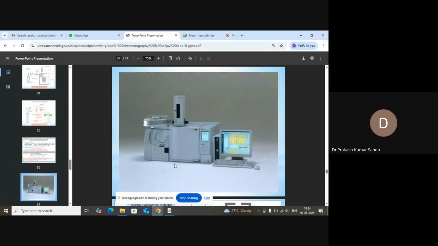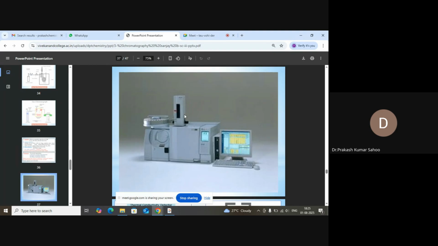So this is a very sophisticated gas chromatography instrument in which your carrier gas cylinder is outside, and the regulator pipe will be attached to this gas chromatography machine. And if you put your sample here, this is the sampler or sample chamber. With the help of a syringe, you put your sample on the machine. And what happens? The thermostat will activate, and your sample gets converted to vapor state.